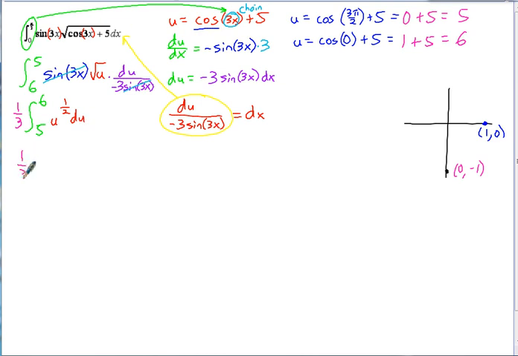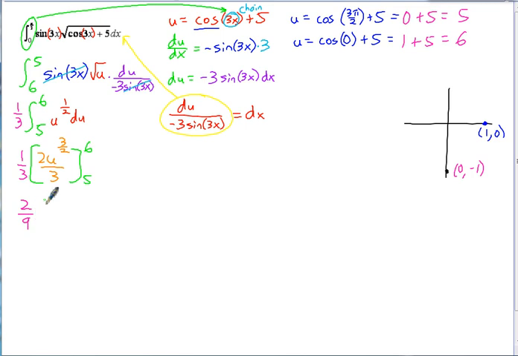So I've got 1/3. When you integrate u to the 1/2, that gives you u to the 3/2, divided by 3/2, the same as multiplying by 2/3, evaluated from 5 to 6. Before we do that, to make it simpler, there's a constant we can pull out after we've integrated. The 2/3 times the 1/3 out in front gives you 2/9.